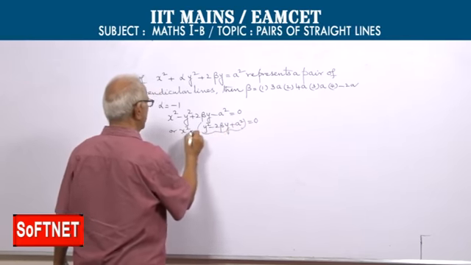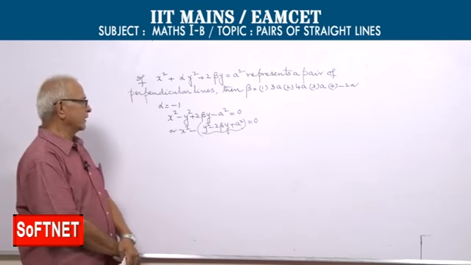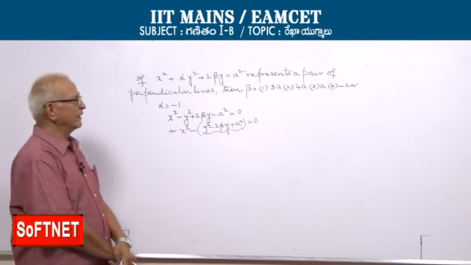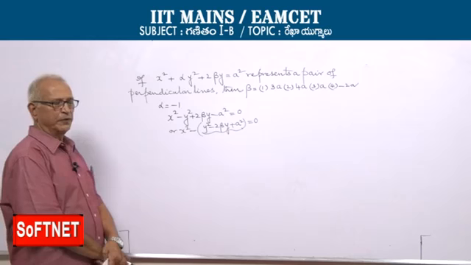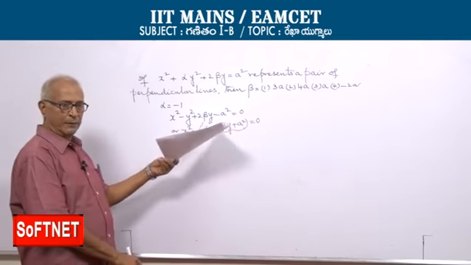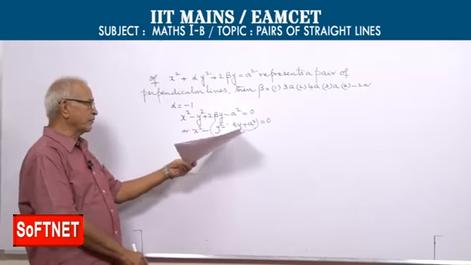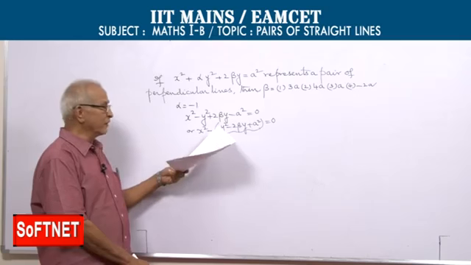Clearly, this becomes a perfect square for beta equal to either plus a or minus a. Well, minus a is not given here, only one value, because only one option is correct. I think he preferred to choose only a. So, for both values of beta, namely plus a and minus a, this will be a perfect square. For beta equal to a, this is y minus a whole square. For beta equal to minus a, this is y plus a whole square.